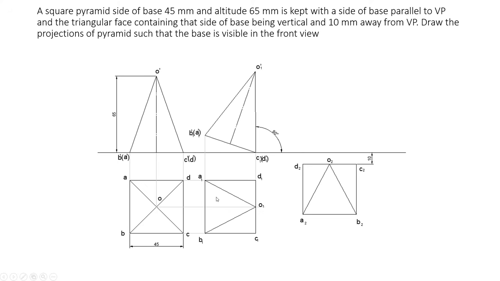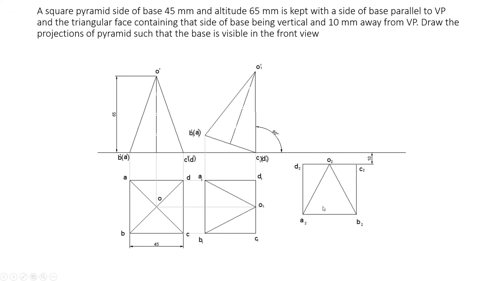Once this is completed, you want to tilt this diagram through 90 degrees. It is given that the triangular face is parallel and vertical and 10 mm away from VP. Now the triangular face has become perpendicular, and you want to make it parallel, so you turn it through 90 degrees.